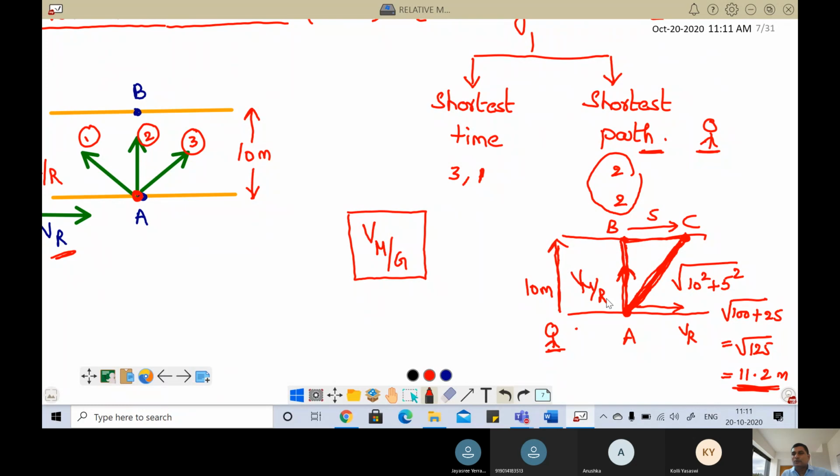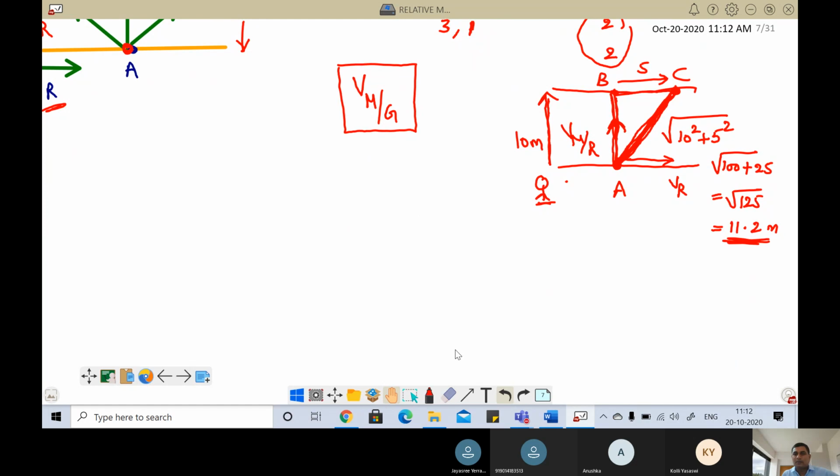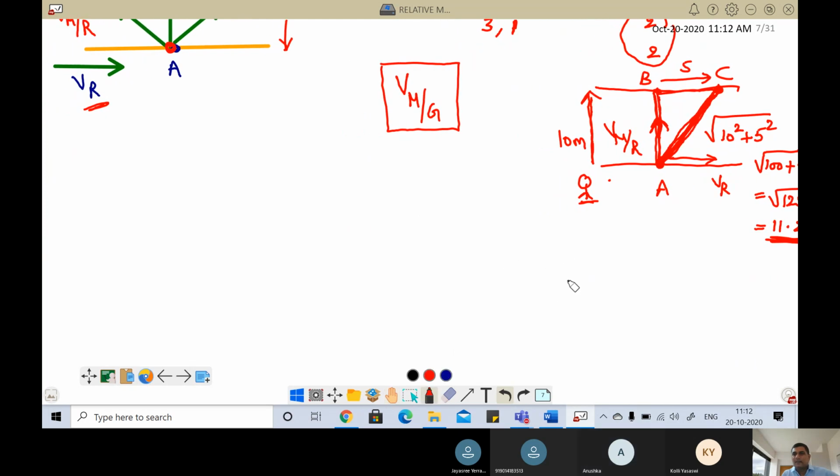So now he is moving in this direction AC. He has covered 11.2 meters. Are you understanding? Otherwise, you can also say by common sense, suppose we have two parallel lines, and this is point A, this is point B. If you want to go from here to the other side, tell me which one will be the shortest path.